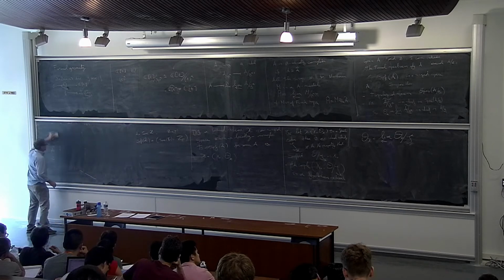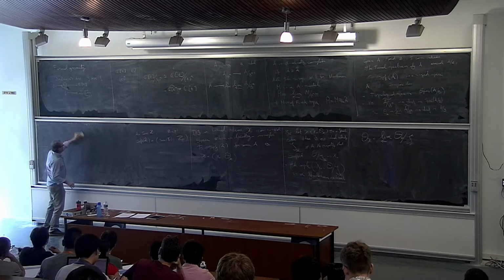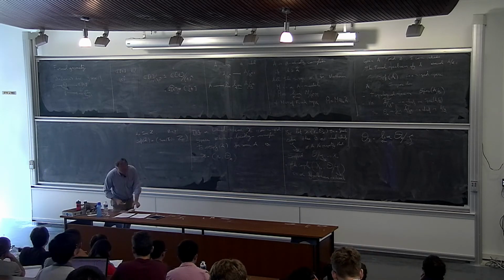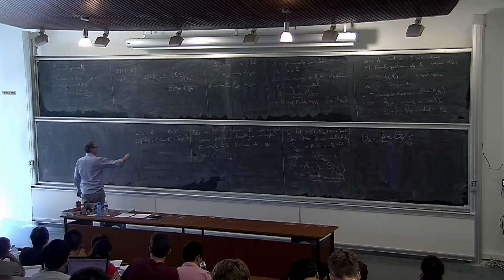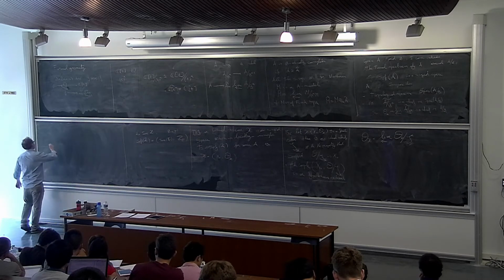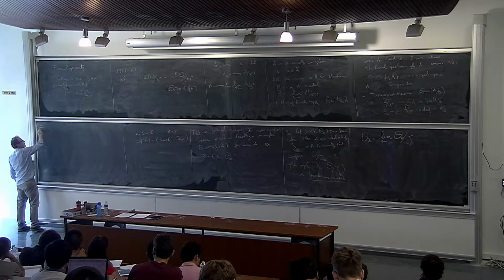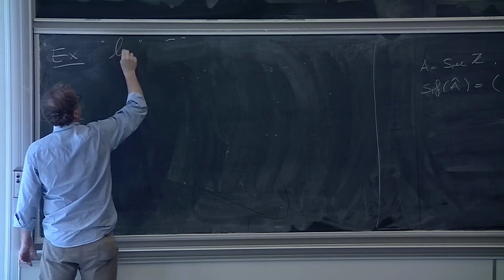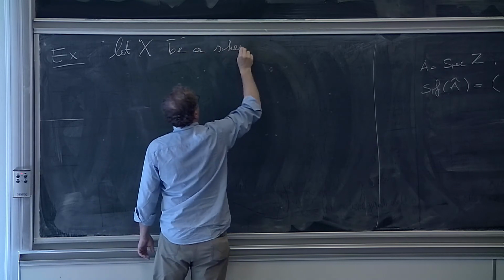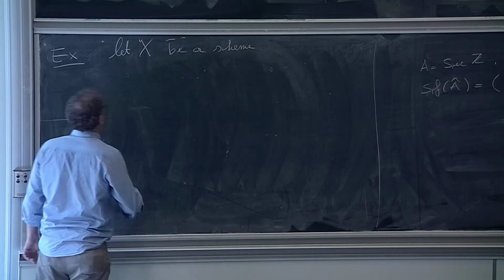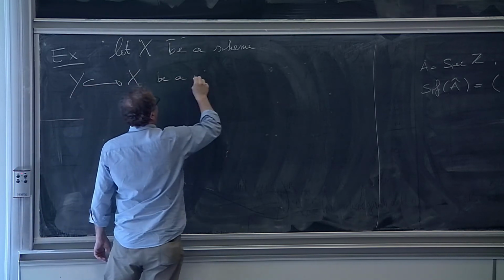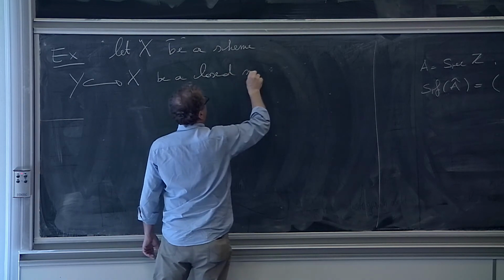Something which generalized the construction of the formal spectrum is this. The main example is: let X be a scheme and Y in X be a closed subscheme.